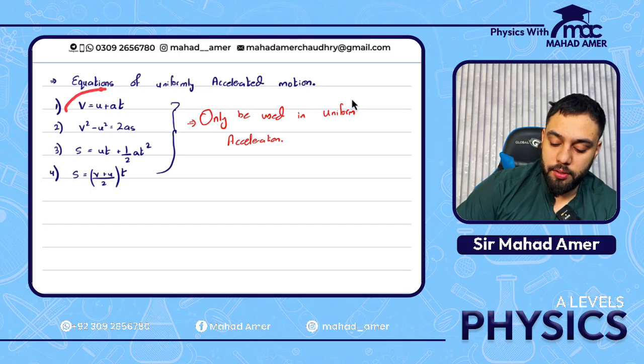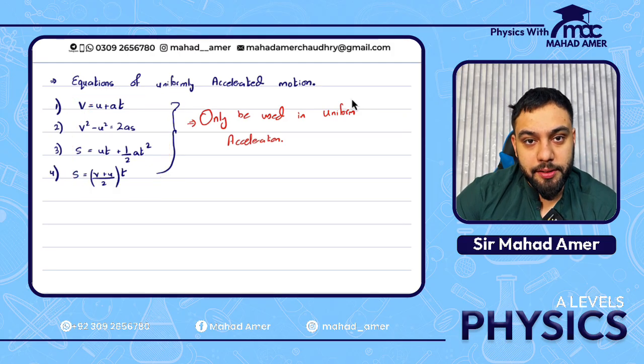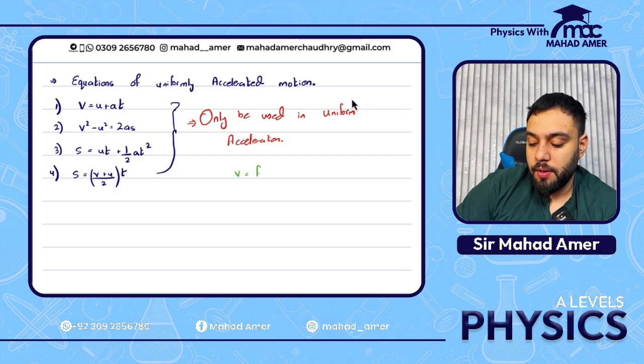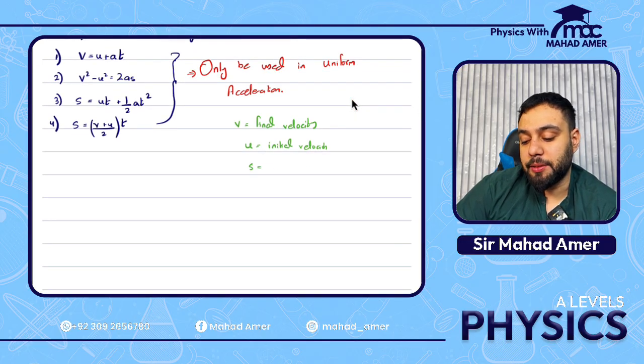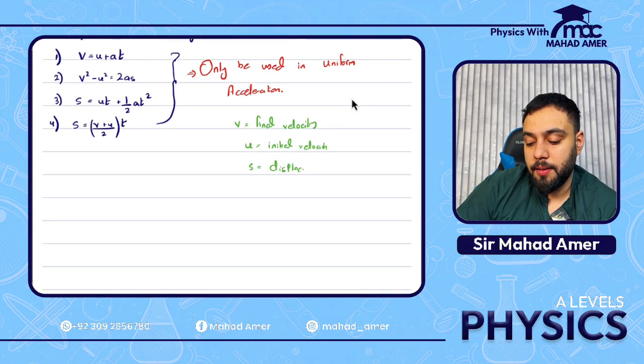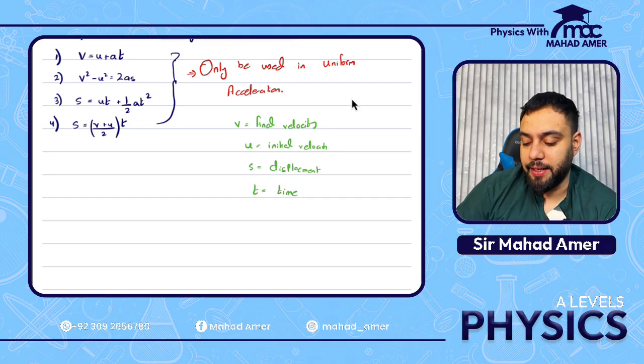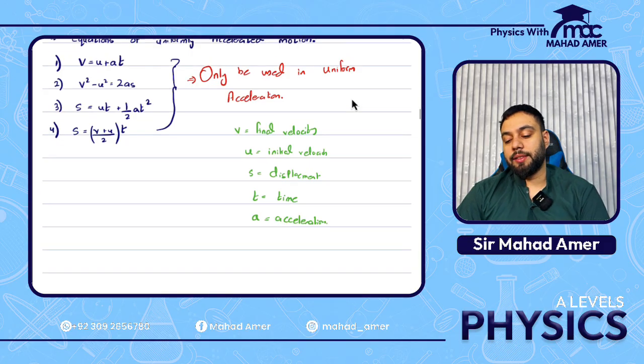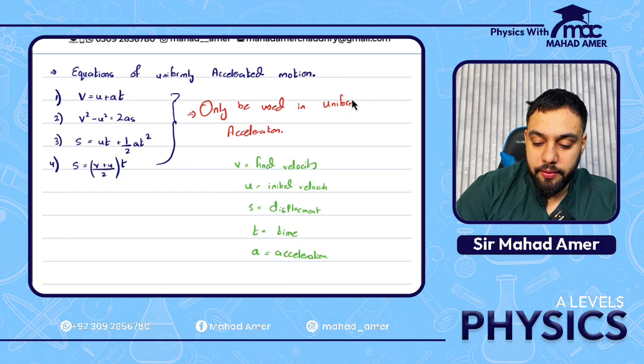Because they are equations of uniformly accelerated motion. v is final velocity. u is initial velocity. s is displacement. t is time. And a is acceleration.